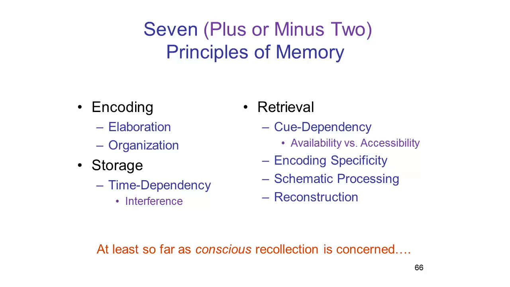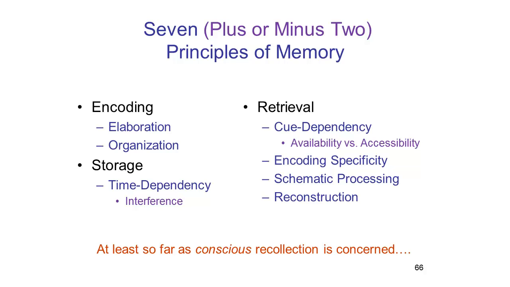So there you have it, a full set of principles governing how the memory system works. We have principles of elaboration and organization that guide the encoding of new memories, making them available for later use. Storage is governed by a principle of time dependency, which in turn is, at least as far as long-term memory is concerned, produced by the phenomenon of interference.